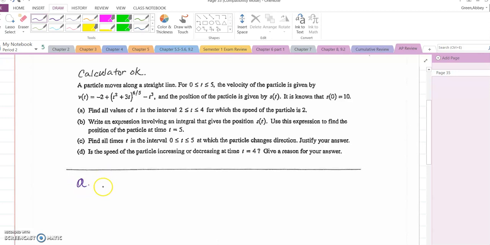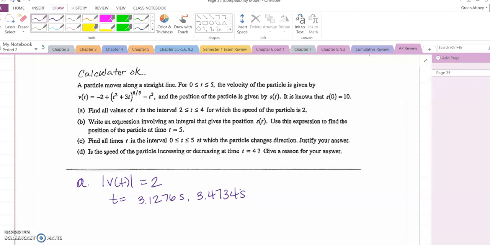So we said we want the absolute value of velocity, and we wanted to figure out when that was equal to 2. You don't say anything about y1 or turning off y1. You just put the math right here. So the values of time are 3 seconds and 3.473.